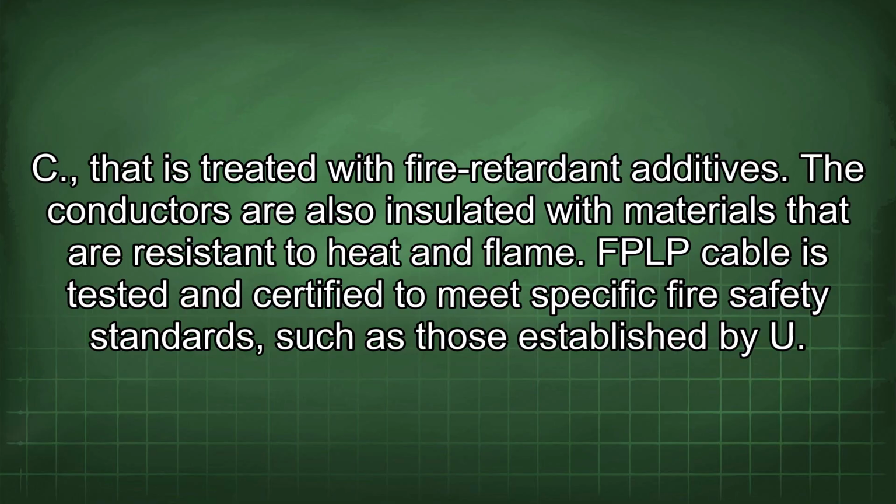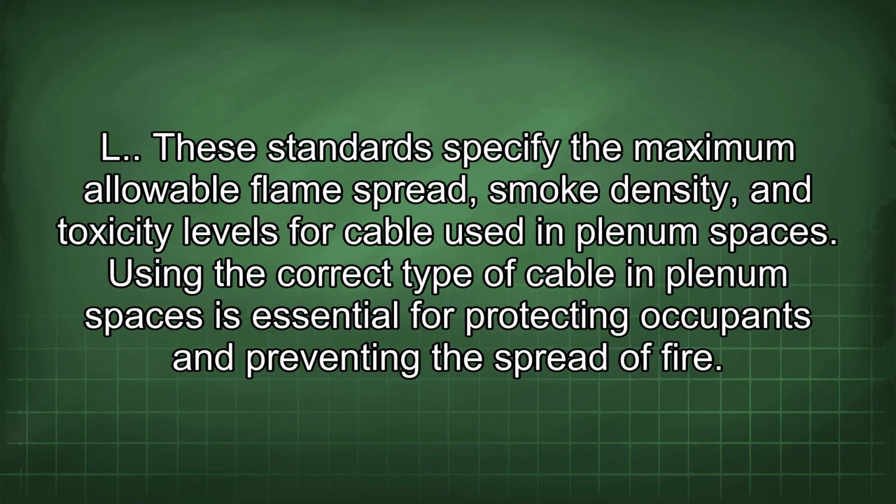FPLP cable is tested and certified to meet specific fire safety standards, such as those established by UL. These standards specify the maximum allowable flame spread, smoke density, and toxicity levels for cable used in plenum spaces. Using the correct type of cable in plenum spaces is essential for protecting occupants and preventing the spread of fire.